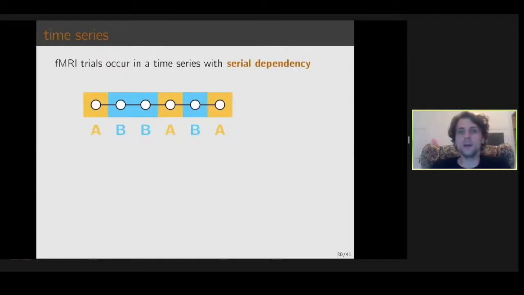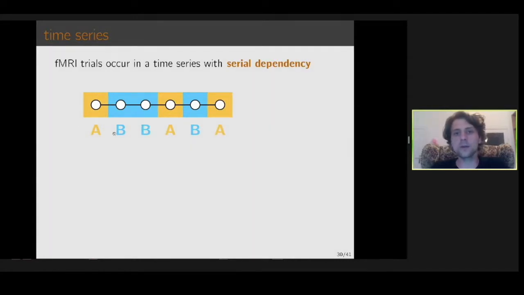So in an fMRI experiment, trials occur one after another, and there is a serial dependency in the functional MRI signal. So the first and the second are closely bound together, the second and the third, the fourth and the fifth, and so on, which can be visualized in this way.